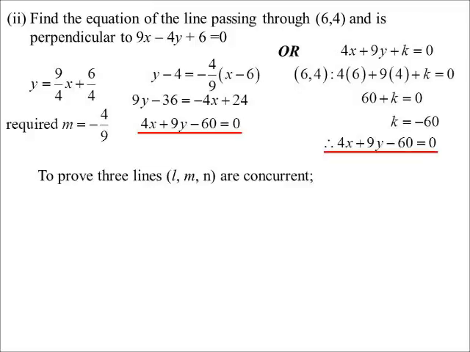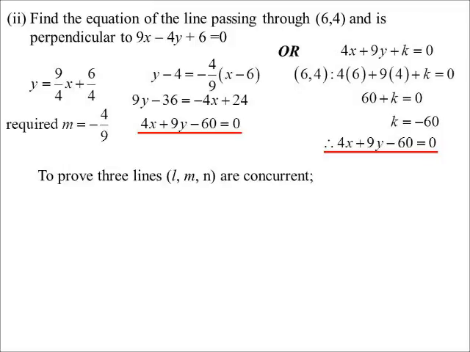Okay. If I have to go and prove three lines are concurrent, what does concurrent mean? They all go through the same point. Concurrent. So, how would we do it? Well, I've got 3 lines.